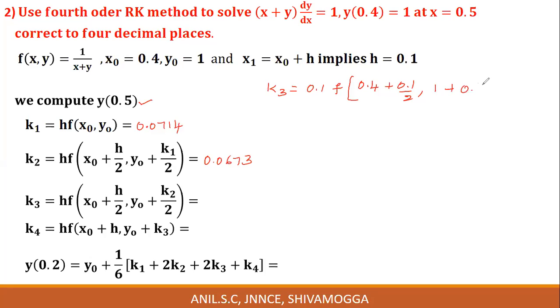K2 is 0.0673 divided by 2. This is equal to 0.1 into f of 0.45, 1.0337.